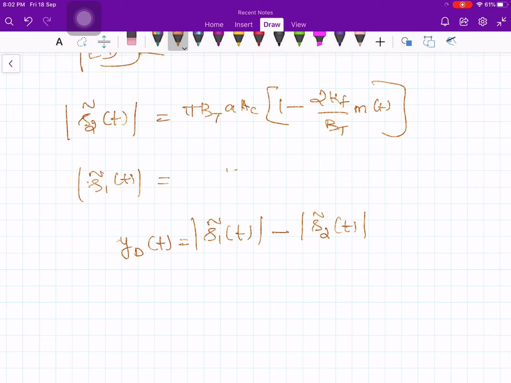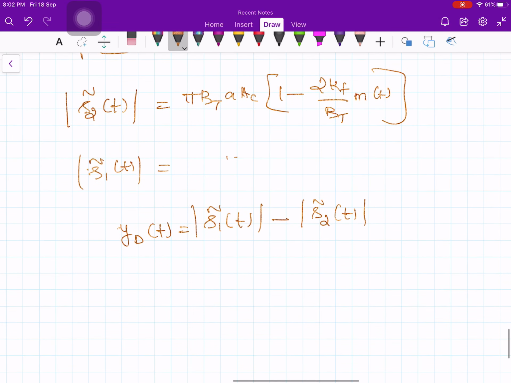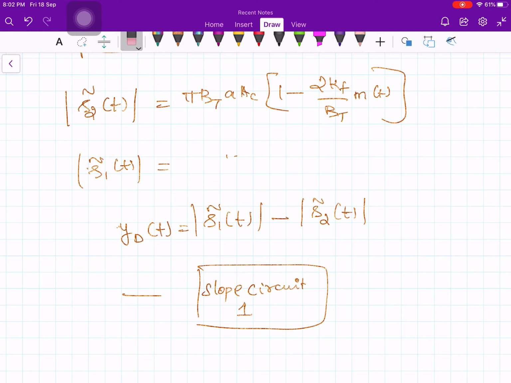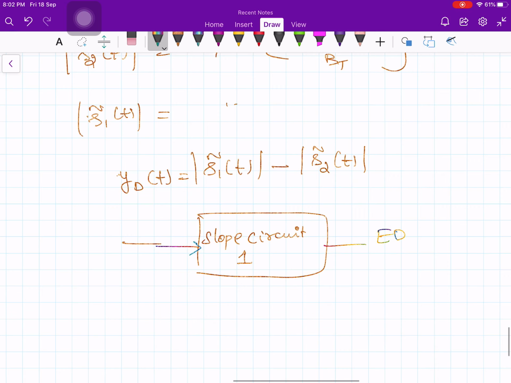So the overall balanced FM discriminator becomes a dual slope circuit. Therefore you have a bandpass, let me say slope circuit 1, followed by envelope detector 1.